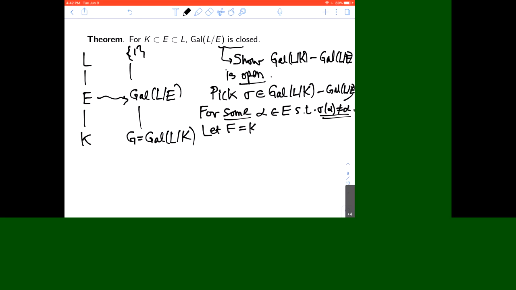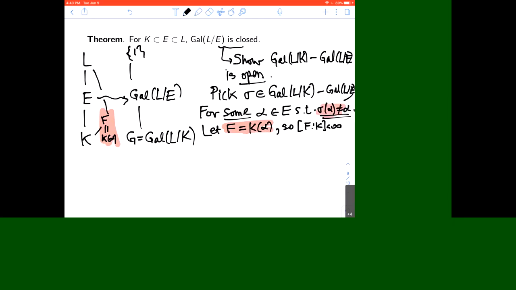Take the field generated by alpha. So that's a finite extension. Okay. We can put it here. Okay, so this thing comes from here.